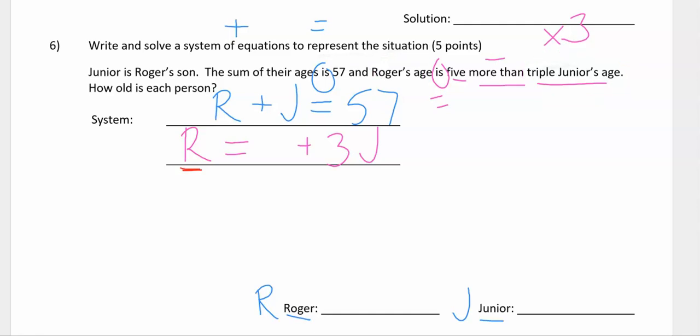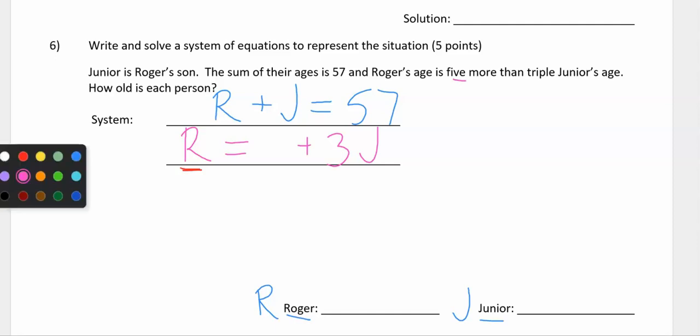So, here I go again, it's getting messy. What I'm going to do is take that, and I'm going to come up to the top equation. I'm going to remove r and substitute in its place 5 plus 3j.